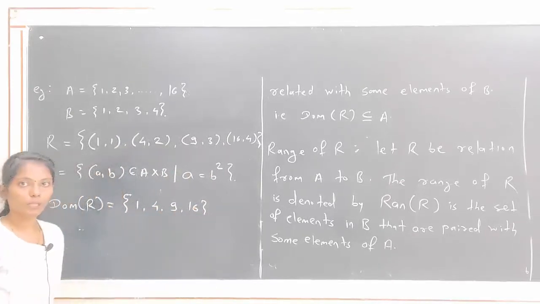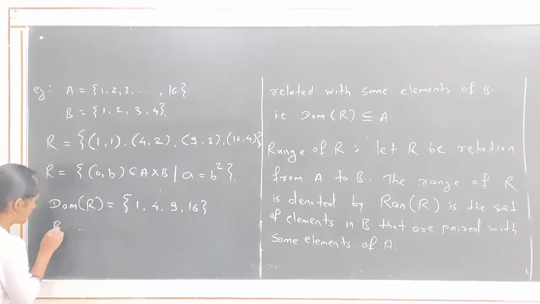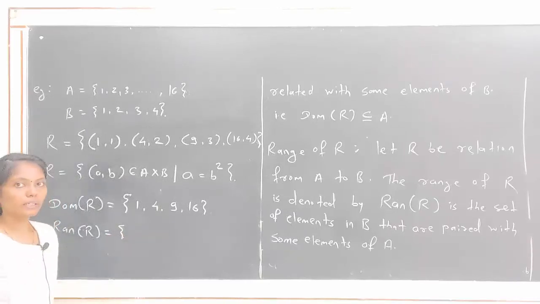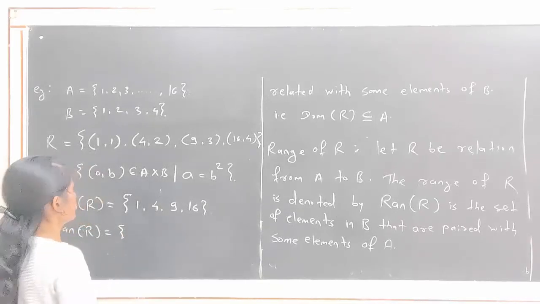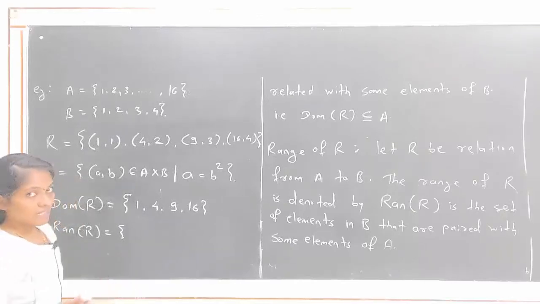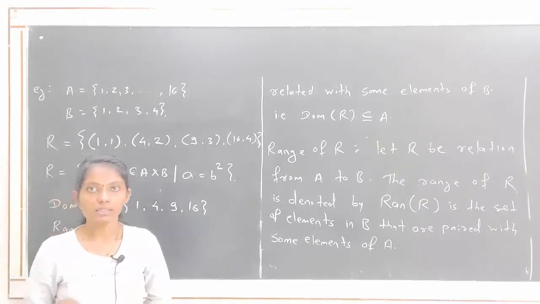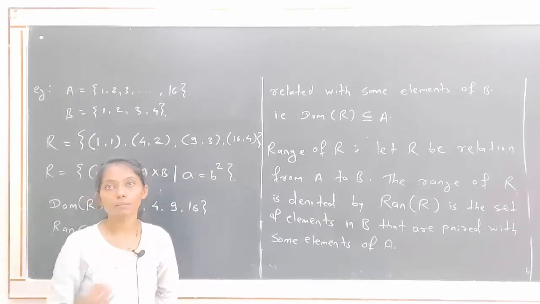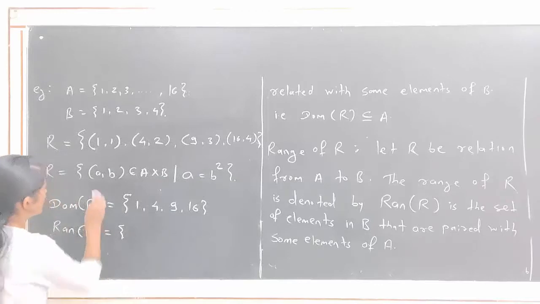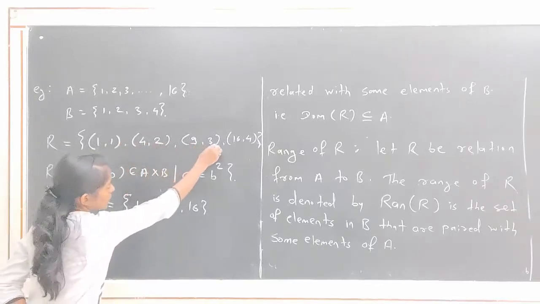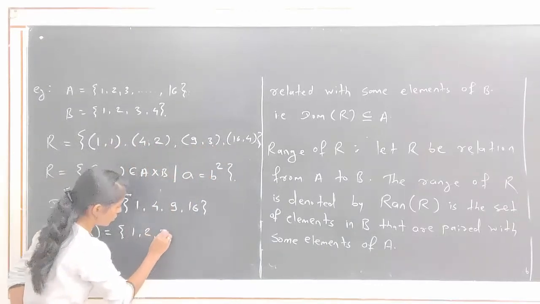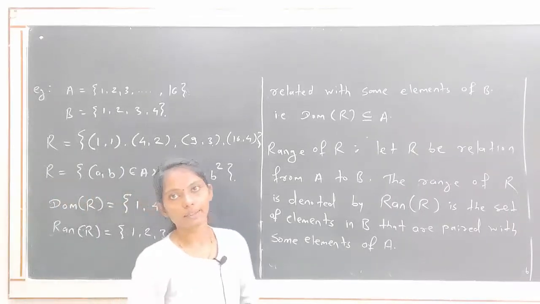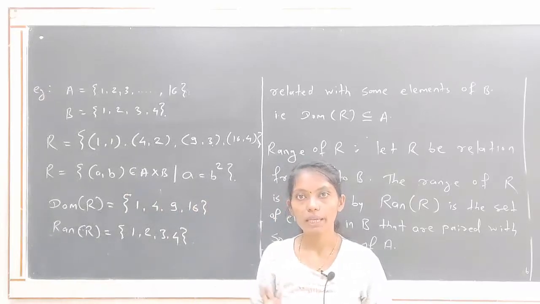This is the domain of relation R. And range of R, that is the elements in B that are paired with some elements of A, that is 1, 2, 3 and 4. So this is domain and range. So all of you get it, domain and range.